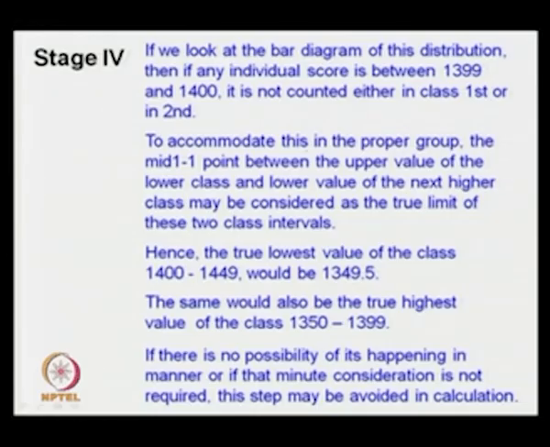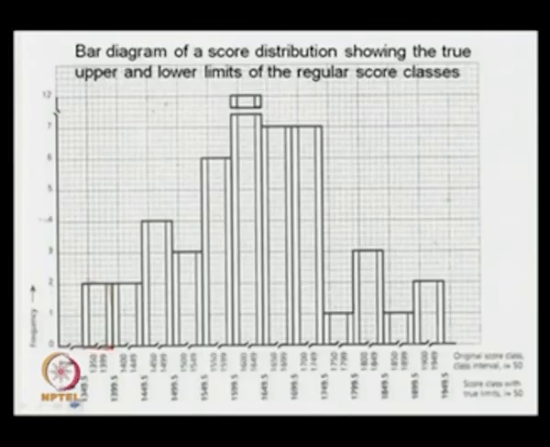To accommodate this in the proper group, the mid value, that one point between the upper value of the lower class and the lower value of the next higher class, may be considered as the true limit of these two class intervals, as we have just now seen through this graph.